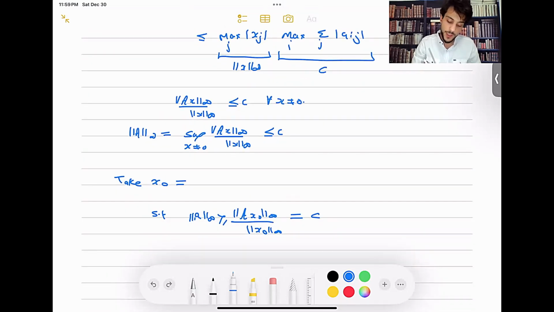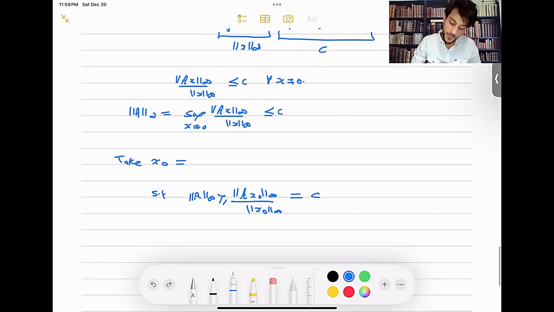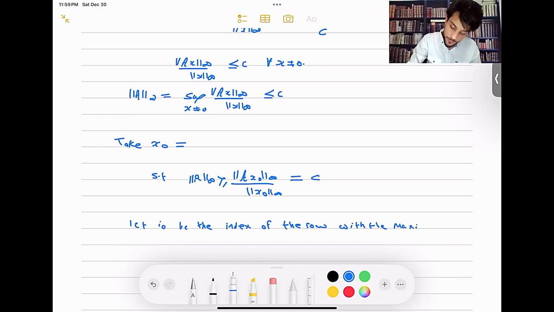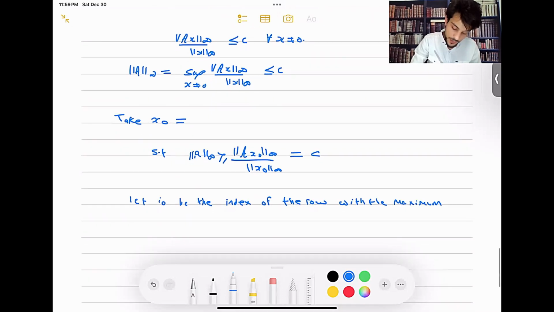So let us see what kind of x0 we can take here. Okay, so I claim that this x0 has to be the following. Again, c is what? It's the maximum of the row sums. So let i0 be the index of the row with the maximum absolute sum.